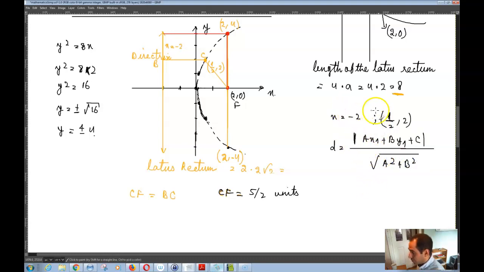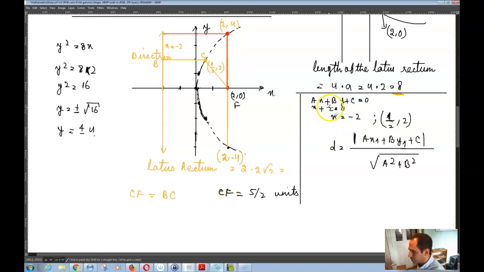If I write this line as ax plus by plus c is equal to 0, that would be x plus 2 is equal to 0.